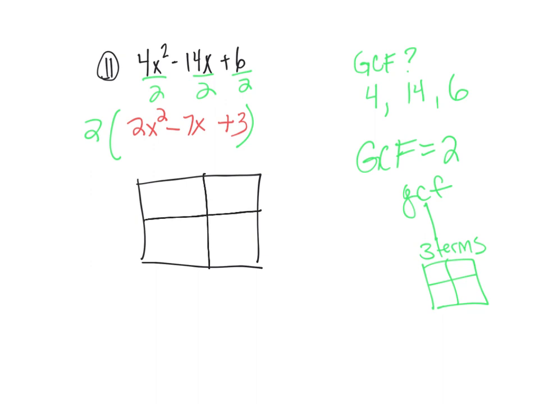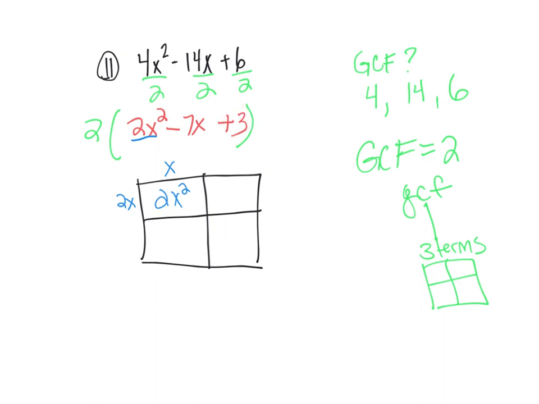All right, let me anchor down what I know. I know that 2x squared has to be 2x times x. If I look at this, I can see that my constant right here is a positive 3.